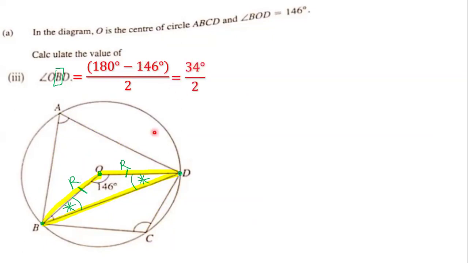But we have to split 34 into two equal parts, so we take 34 and divide it by 2. That gives us 17. That means that this is 17 and that is 17. And so the size of angle OBD is 17 degrees. And that's the answer to this question.